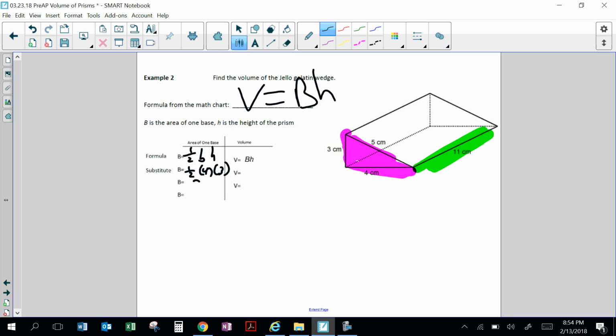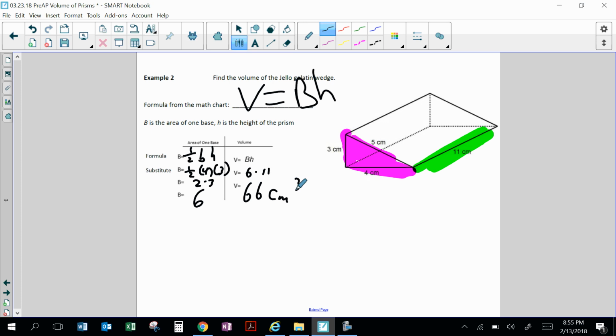What's half of 4? 2 times 3 is 6. So the area of that triangle is 6. So I replaced the big B with 6 times, what's the height of that prism? 11. So 66 cubic centimeters is the volume. That's how much it holds.